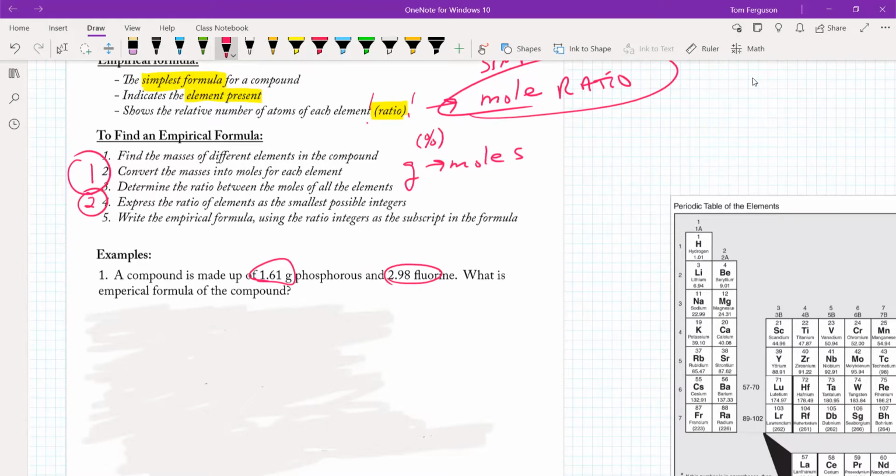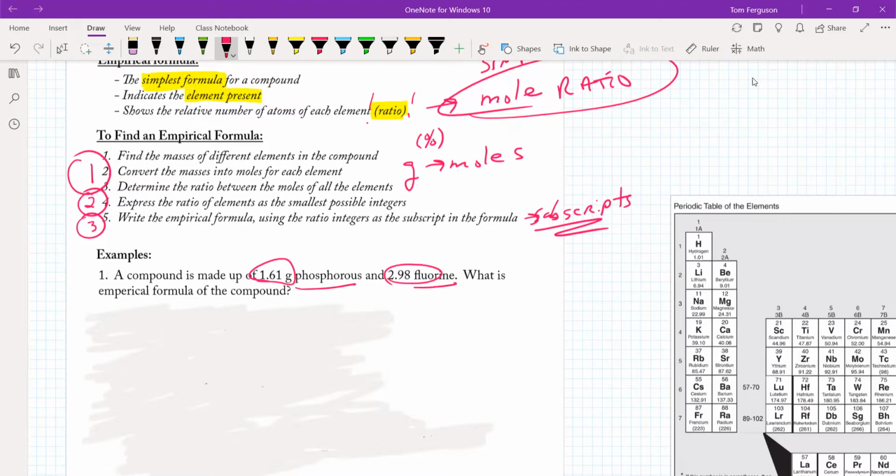And that ratio is going to be the smallest ratio, and I'll show you how to do that in a minute. All right, and then these will then convert to subscripts.